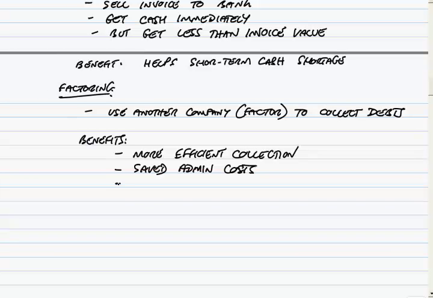Another benefit, if we want it, the factor for a fee will advance money to us. So whereas it might take the factor a month to collect receivables, maybe they'll give us 70% of the money immediately, albeit they will charge interest on it.